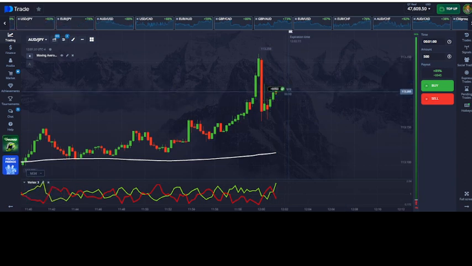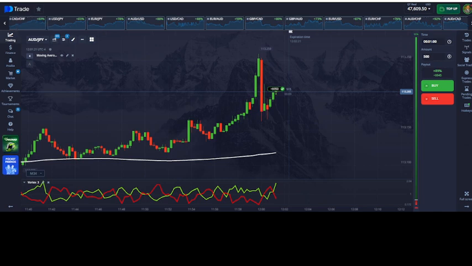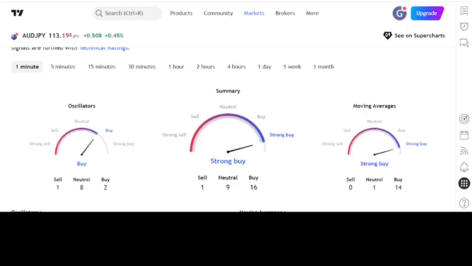Okay, so that trade was also in the money. Where's the Aussie dollar? Okay. All right, so let's go back to the technical indicator here. Okay, so we're still seeing buys on the 5 minute. The 1 minute is still giving us a buy.